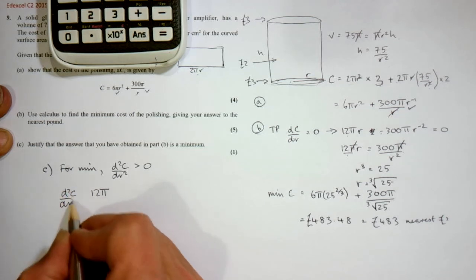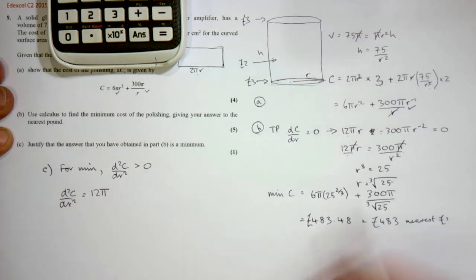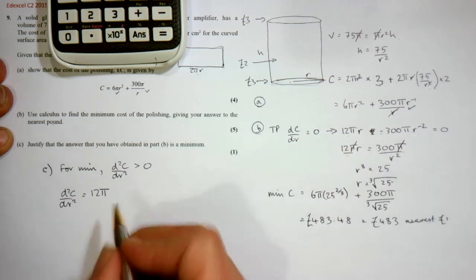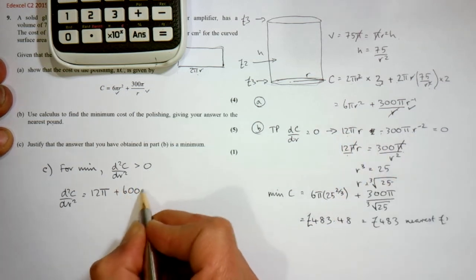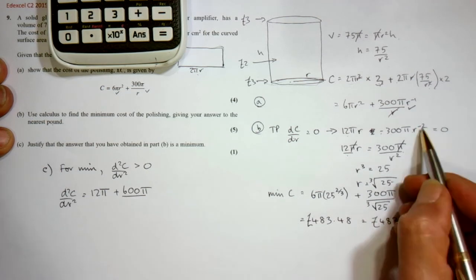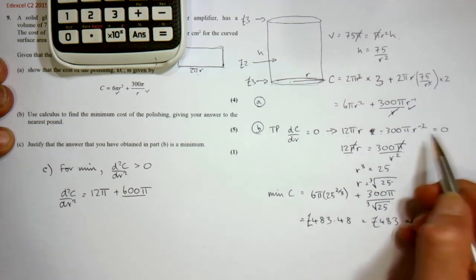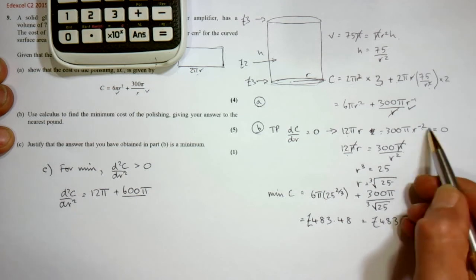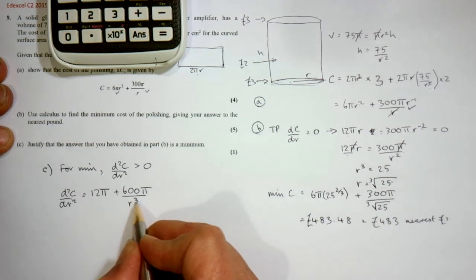Differentiate this term, times by the power is plus 600 pi, and take away 1 from the power, which is minus 3, divided by r cubed.